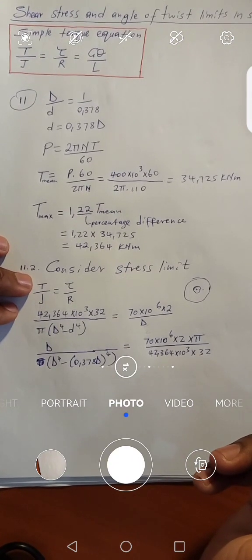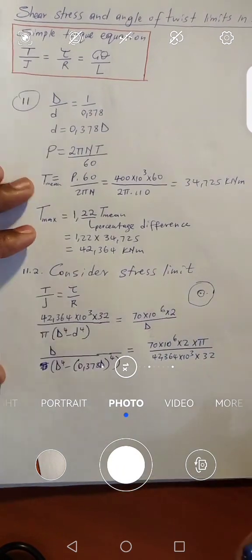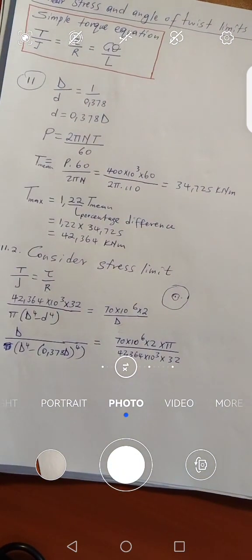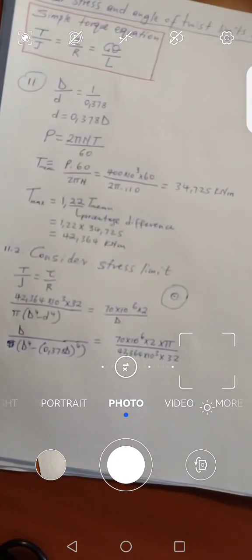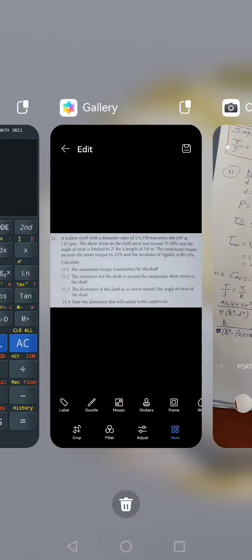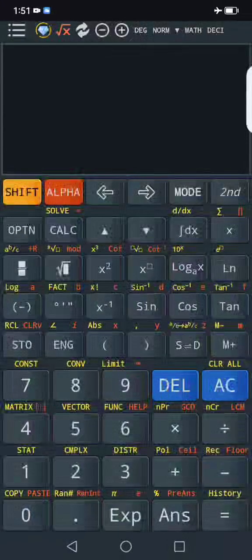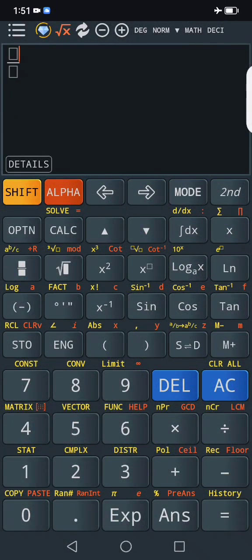Then you do your mathematics there. I can do it with you, but I don't like doing it, to save time. Let me just do it on a calculator. On this side, you can say 1 divided by D to the power 4 minus 0.378.